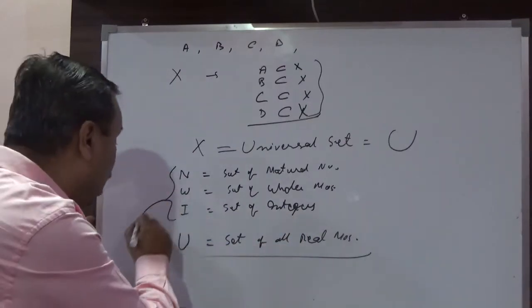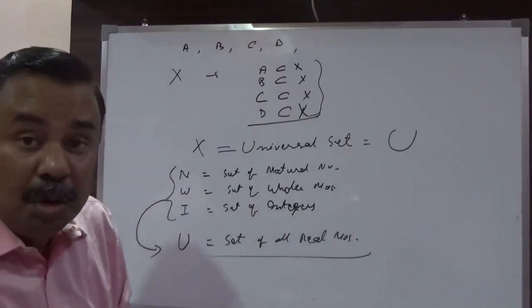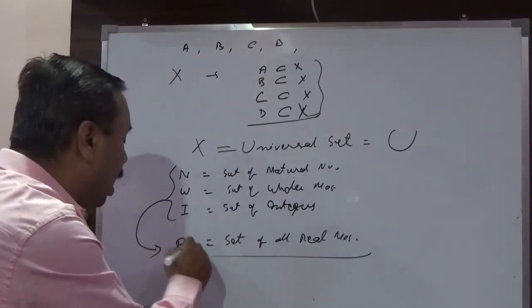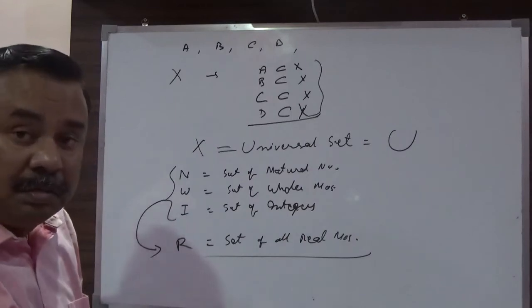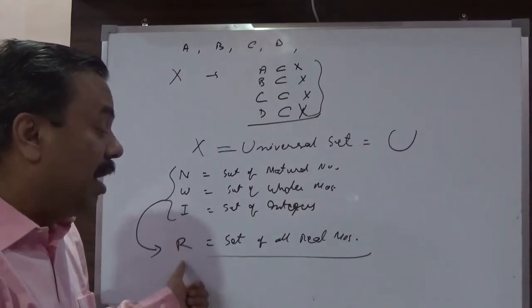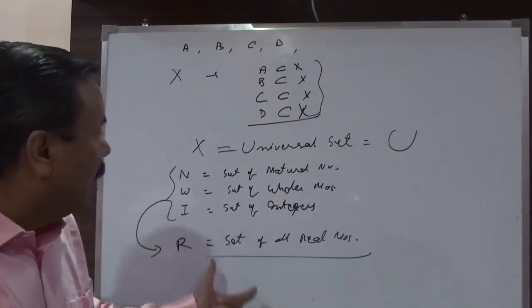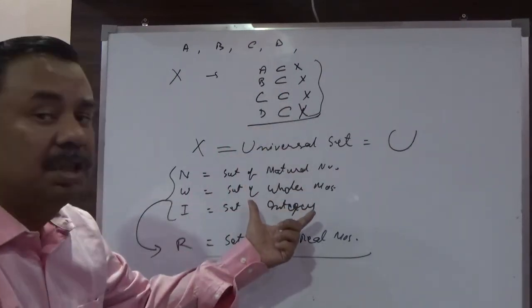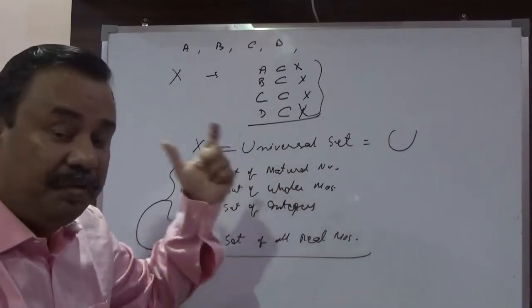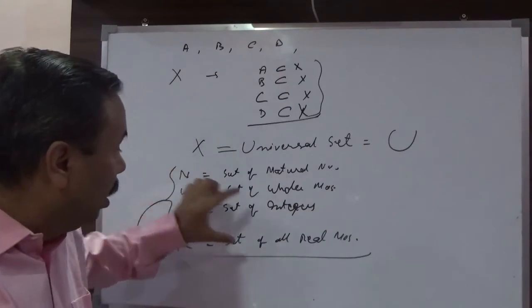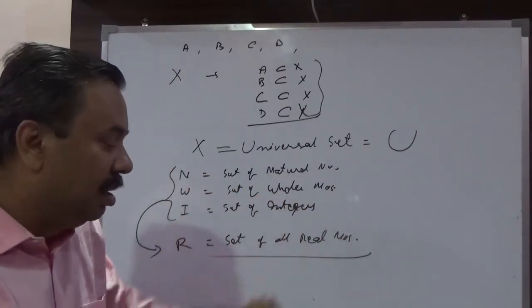So all these are subsets of U, which can be written as R. So R is the universal set, containing all those subsets. If a set contains all other sets, it is called the universal set.